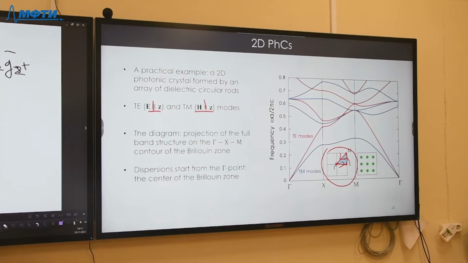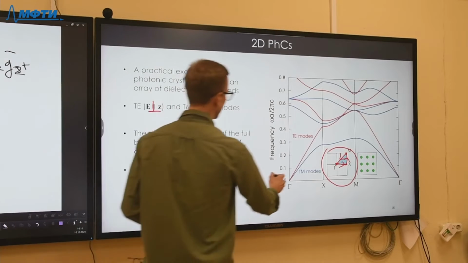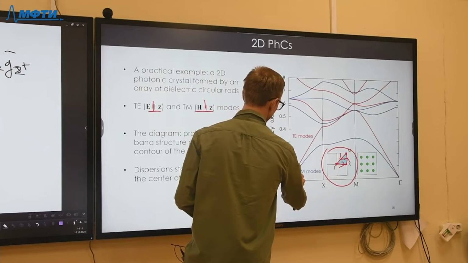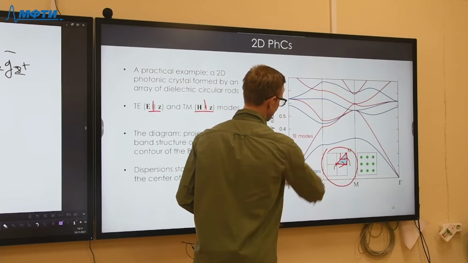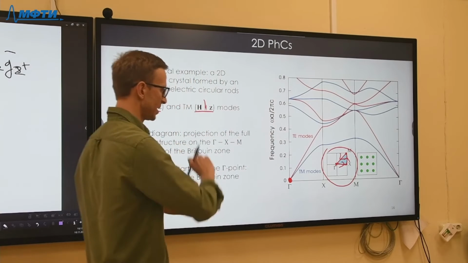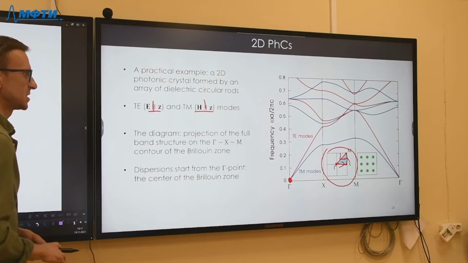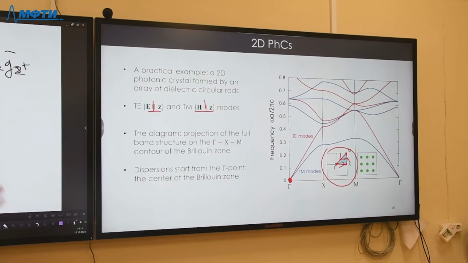One feature that is common for nearly all dielectric photonic crystals is that the modes typically originate from the gamma point, and then they go with near linear dispersion, but then these dispersions bend, and at high frequencies, they start to display very complicated behavior.